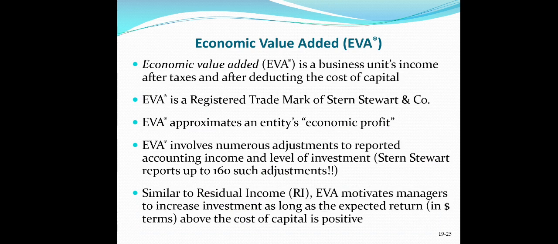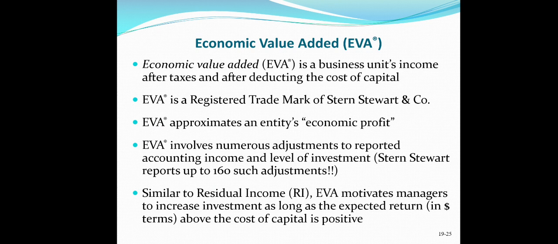Okay, this is method number 3. This is new, I think. The Economic Value Added method is a business unit's income after tax and after deduction of cost of capital. The short form is EVA, Economic Value Added.